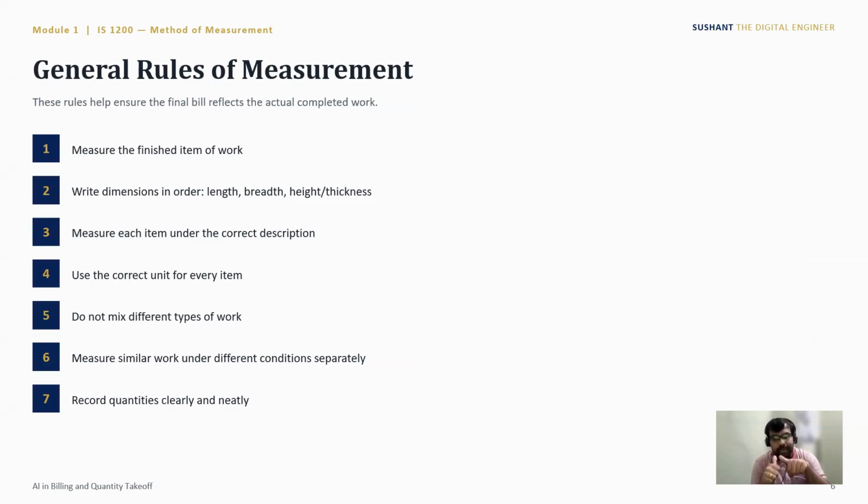You should maintain that uniformity across all the quantities. Then measure each item under the correct description. Use the correct unit for each item. Do not mix different types of work. Measure similar work under different conditions separately. Record quantity clearly and neatly. This is the basic rule while calculating the BOQs.